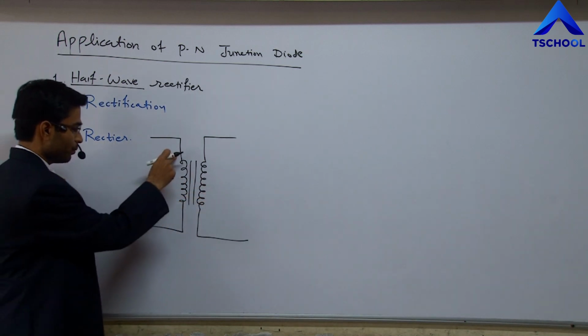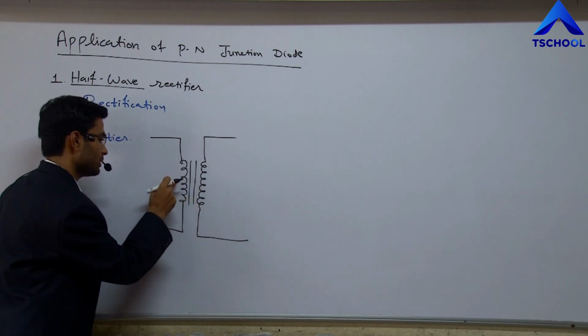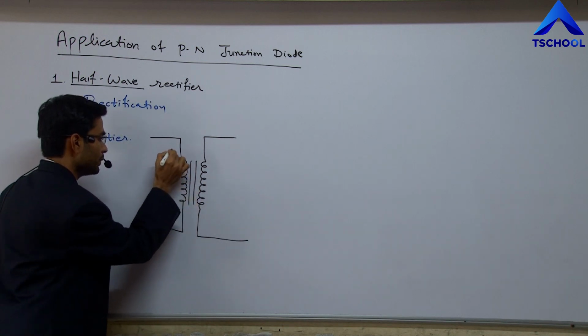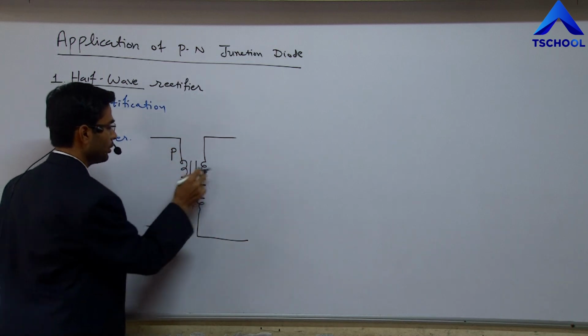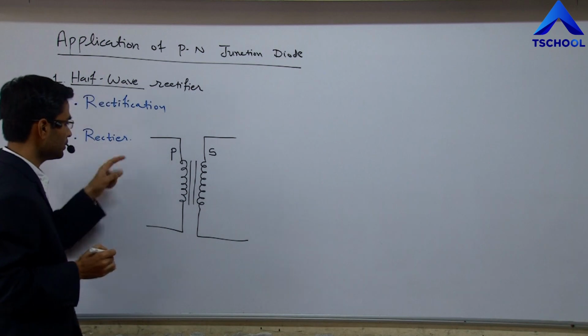The primary coil of the transformer is represented by P, and the secondary coil of the transformer is represented by S.